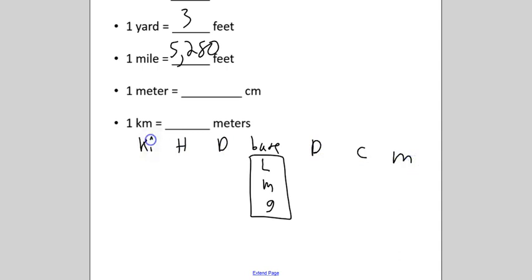And this is kilo, hecto, deca, deci, centi, and milli. So kilometer, kiloliter, decimeter, decameter, decagram, centigram.